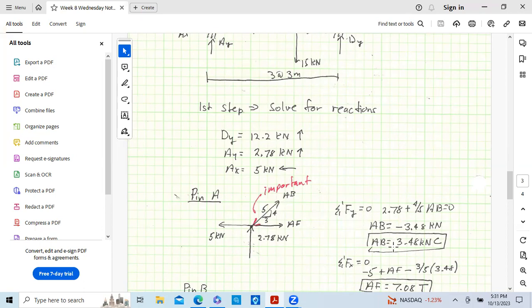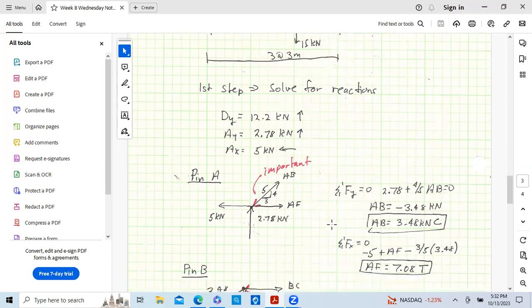So I'm going to write this as AB is equal to 3.48 kilonewtons compression. Let me do something real quick here, because I showed this as tension.